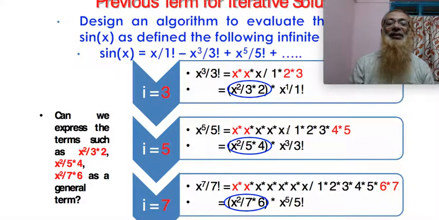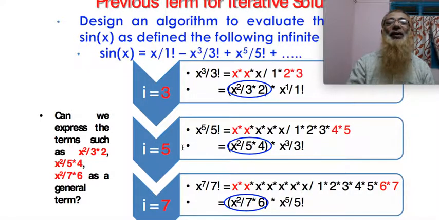Let us take these terms. x squared by 3 into 2, x squared by 5 into 4, and x squared by 7 into 6 in each of these terms. Is there any way to generalize this term?